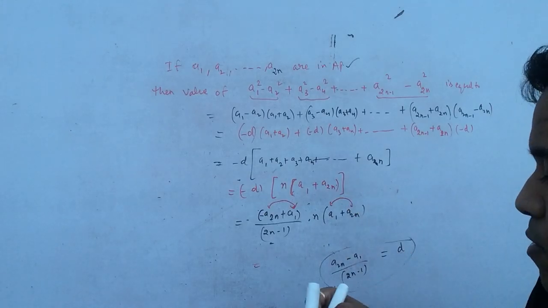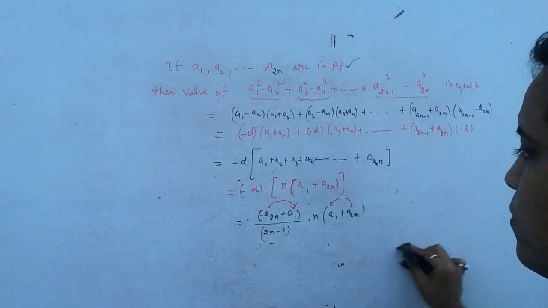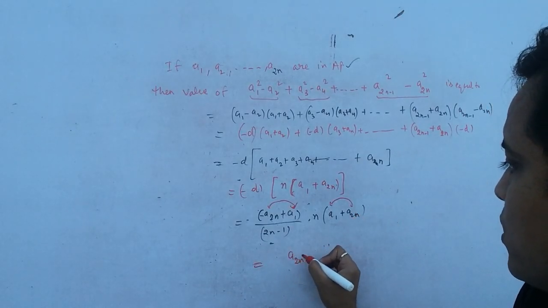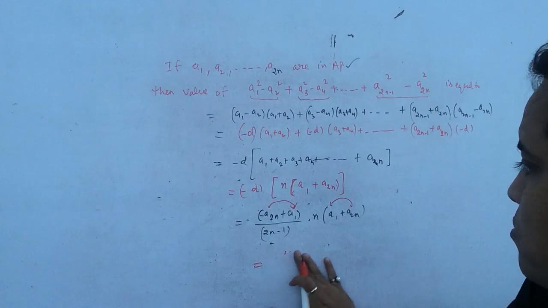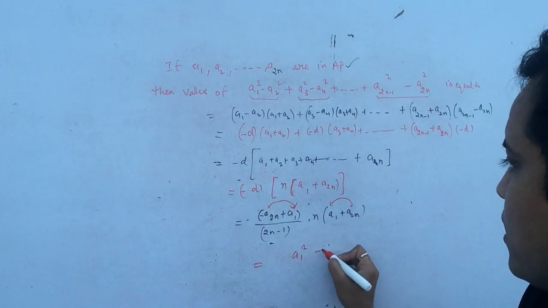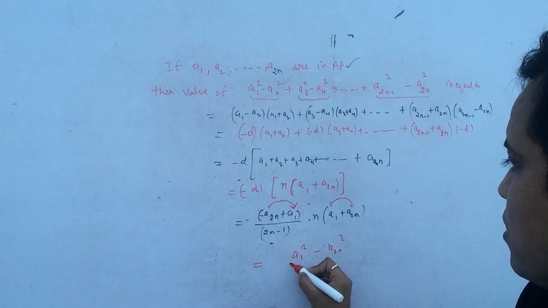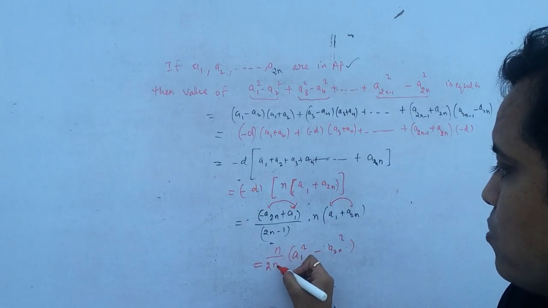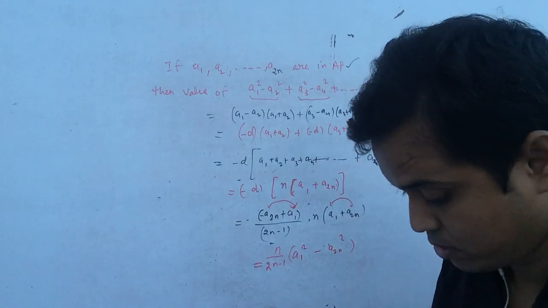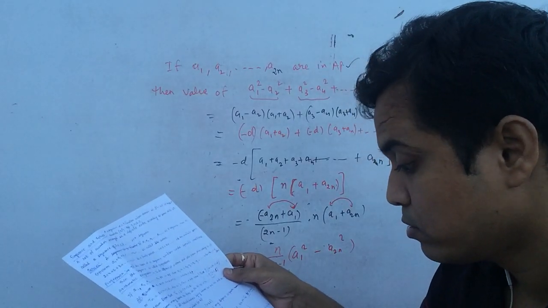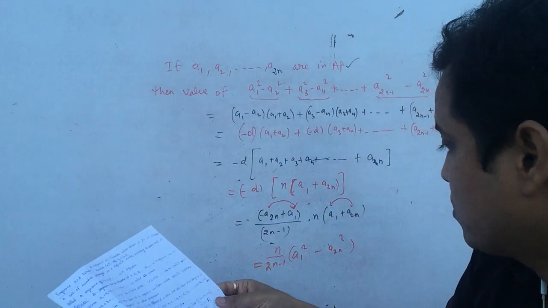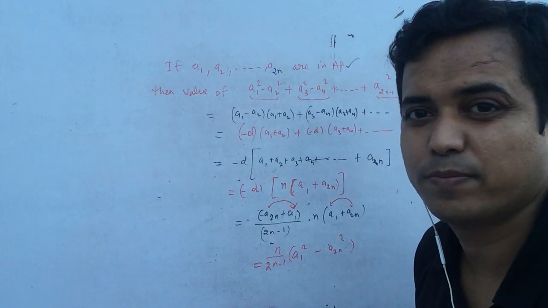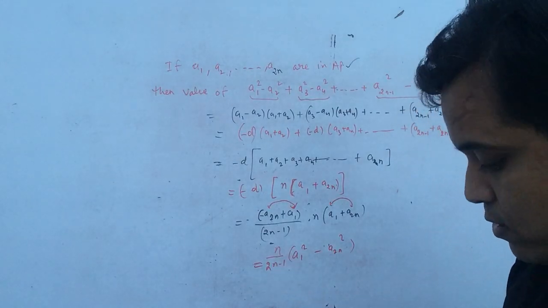So you can apply the formula here and you'd get here a square minus b square, that means a1 square minus a2n square, okay, and n upon 2n minus 1. Is there any option here? We have n upon 2n minus 1 a1 square. Yes, the first option here. First option is this. So we'll solve this question like this.